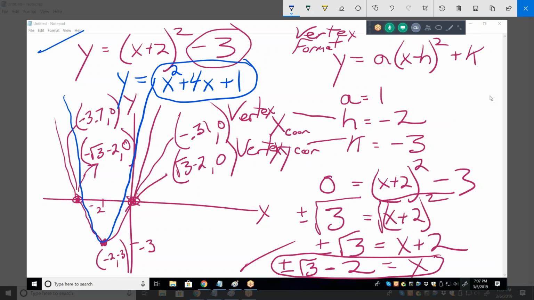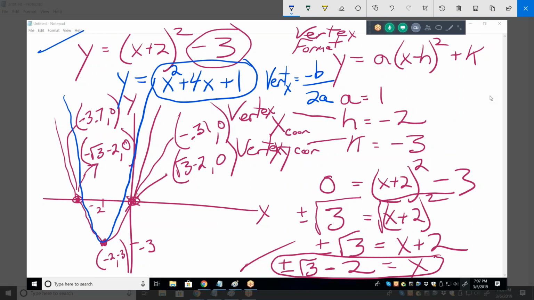First of all, I don't know how to find the vertex. I could complete the square, put it back into vertex format. That'd be one way to do it. Or there's a very important formula that you need to know. The vertex x coordinate equals minus b over 2a. Have you had that? Oh, yeah.